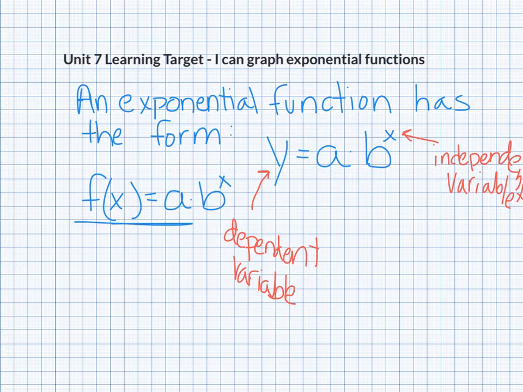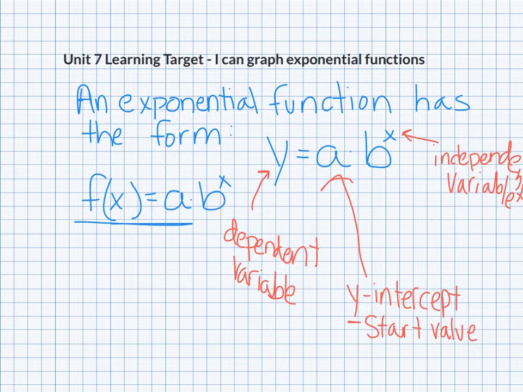A is our y-intercept, also known as the start value. And b is the growth or decay factor.